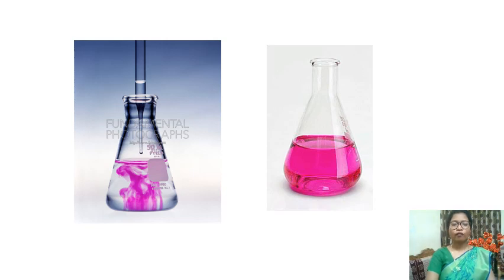Okay, so when you take acid, that is hydrochloric acid, you add a little amount of indicator, that is phenolphthalein, and after that you mix it, so by that time it is an acidic solution. Now from a dropper you are going to add NaOH, that is a base, sodium hydroxide, drop by drop.